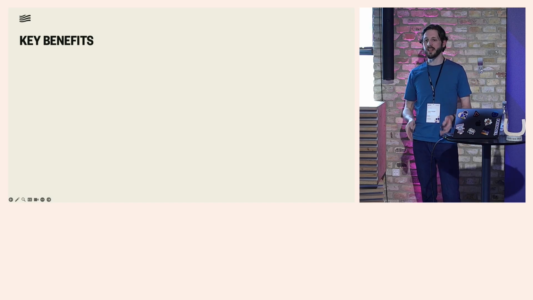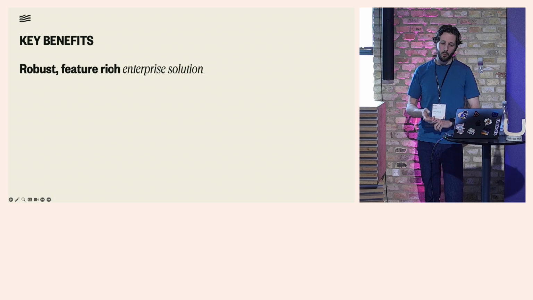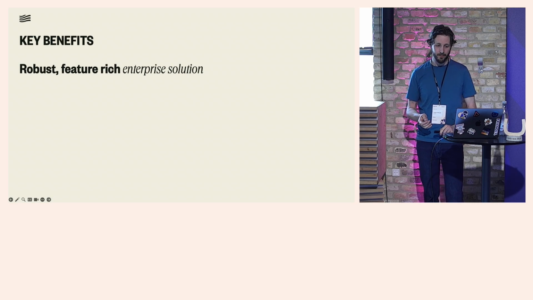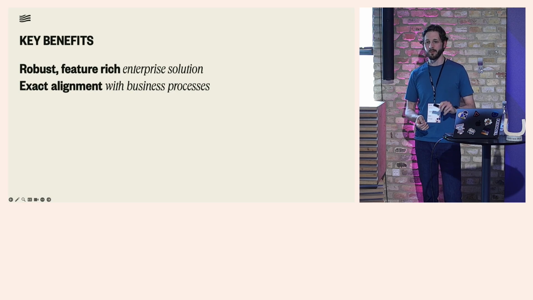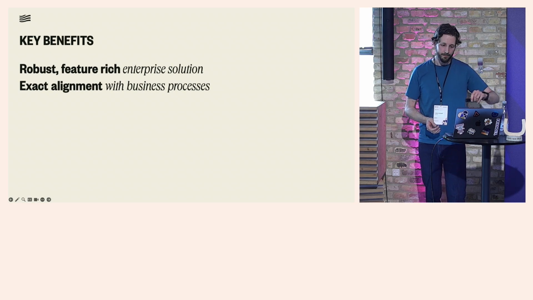Here are some of the key benefits that you could get from using UI Builder to deal with your enterprise business problems. You get a robust, feature-rich enterprise solution which meets your regulatory compliance and security needs. You get exact alignment with your business processes, rather than trying to shoehorn yourself into the processes that your off-the-shelf package thinks you should be using.